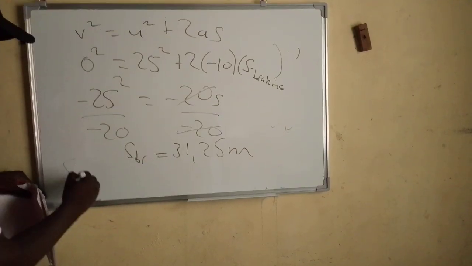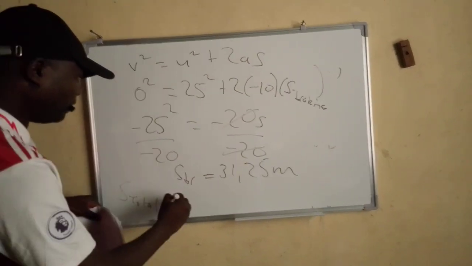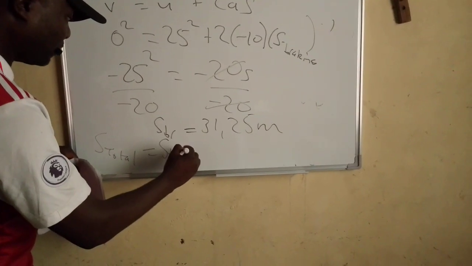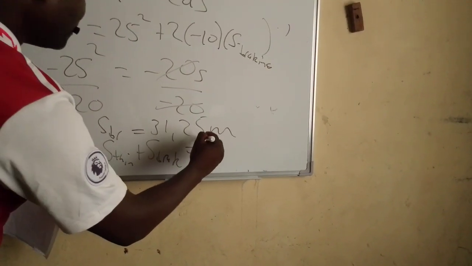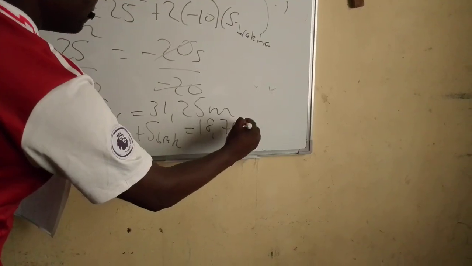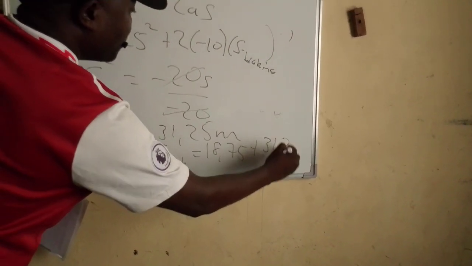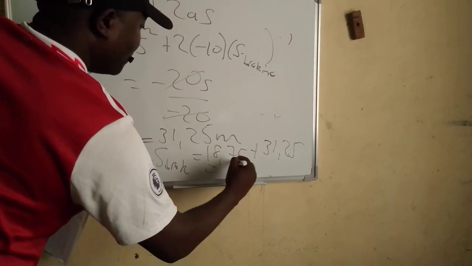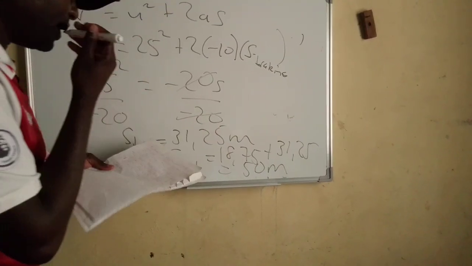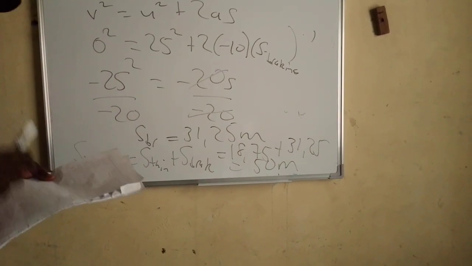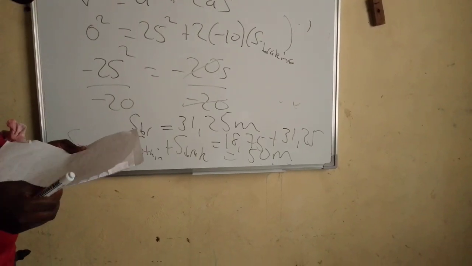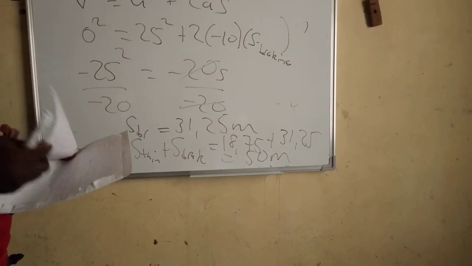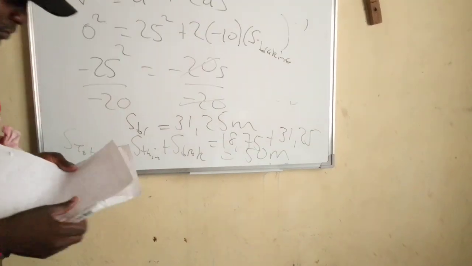So the total distance traveled is thinking plus braking, which is 18.75 plus 31.25, which is 50 meters. But the driver is 40 meters away from the barrier. Therefore, the driver struck the barrier. So the total distance that he traveled is 50 meters.